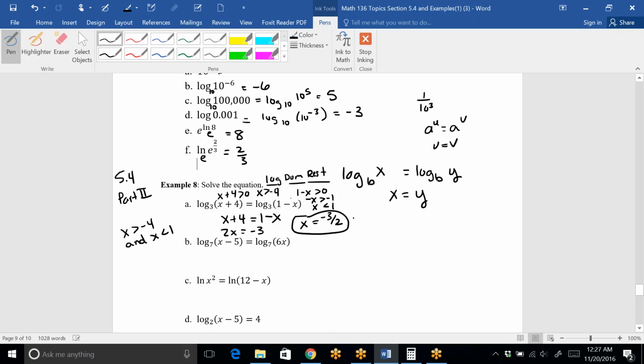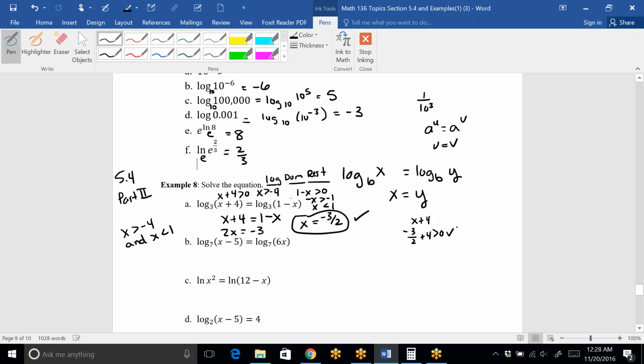So this is okay. Another way to check this, instead of doing the greater than 0, is just to plug this in and make sure. If you plug your negative 3/2 into this, make sure that this comes out greater than 0. As long as that happens for both parts, you're okay.